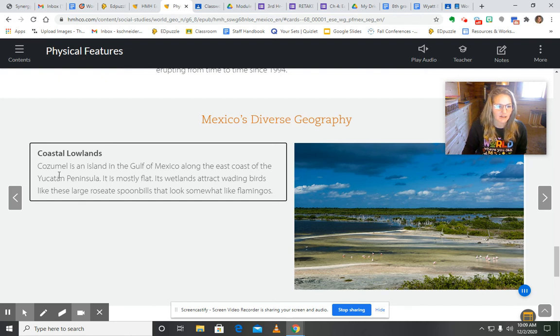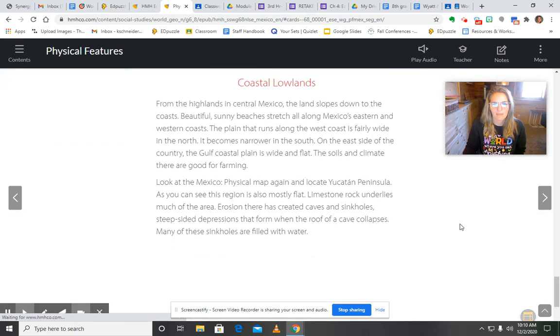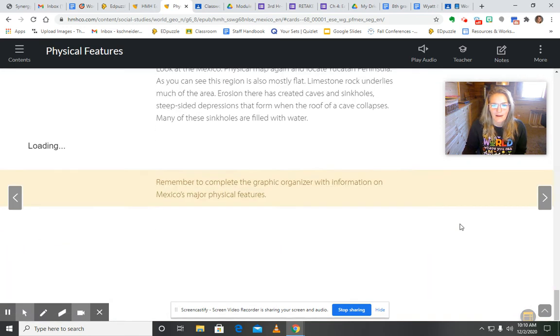And this is a picture of Cozumel. It's an island in the Gulf of Mexico along the east coast of the Yucatan Peninsula. It's mostly flat. Its wetlands attract wading birds like these large spoonbills that look somewhat like flamingos. They're even pink like flamingos.